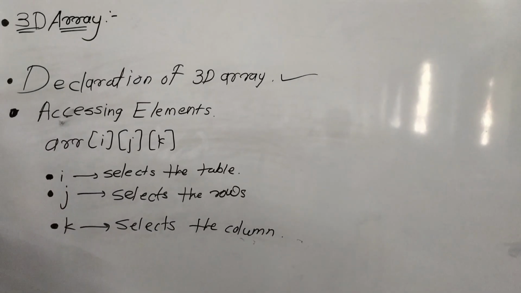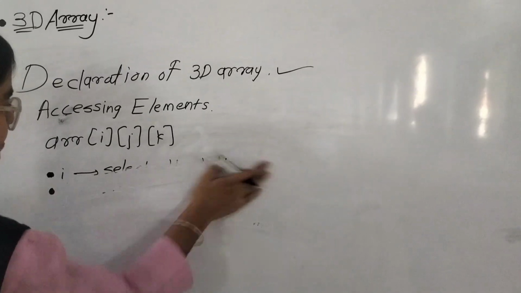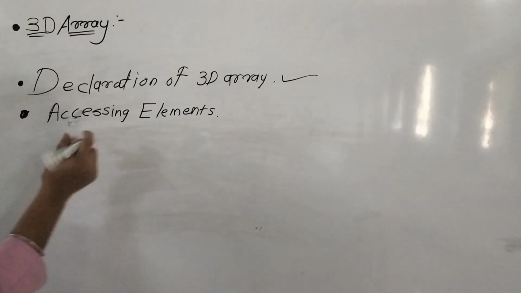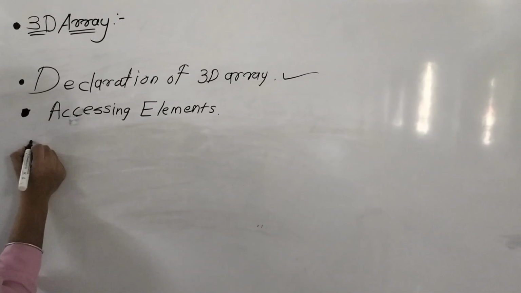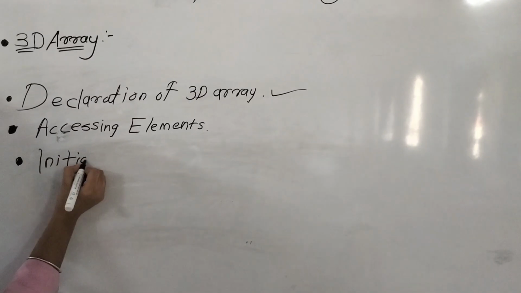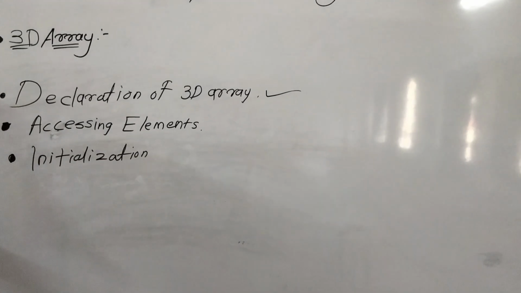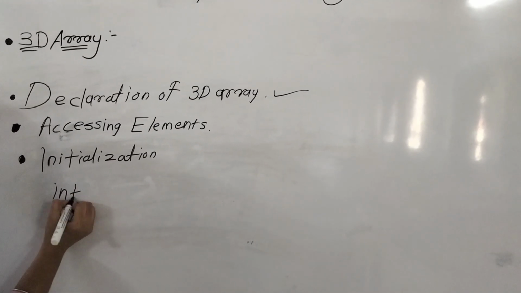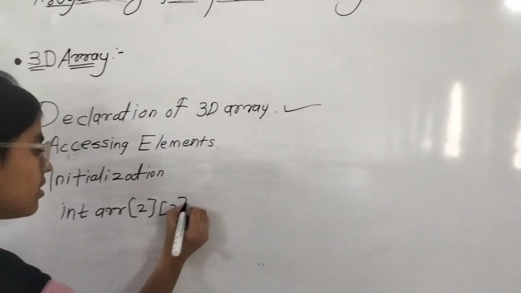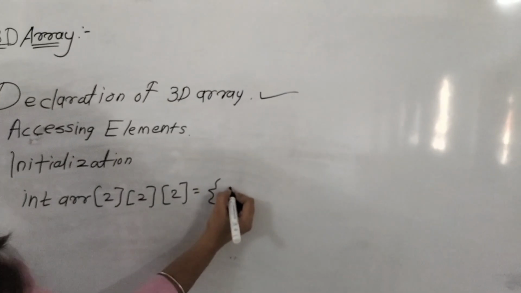So next we see an initialization example. So how do we initialize it? We saw declaration, accessing, and now we see initialization. So how to initialize it? Like int array, you can write like this.